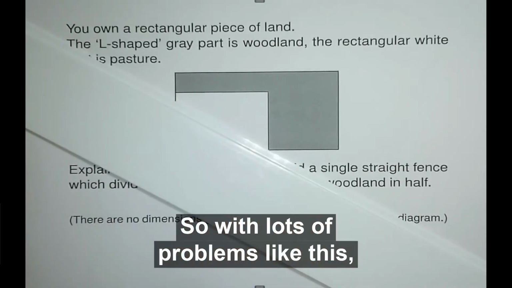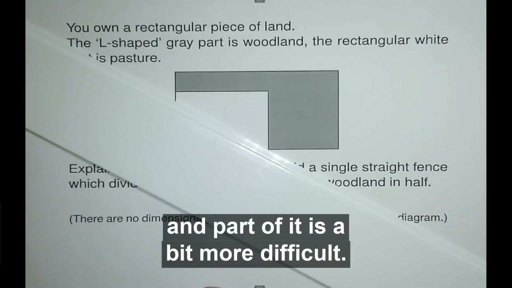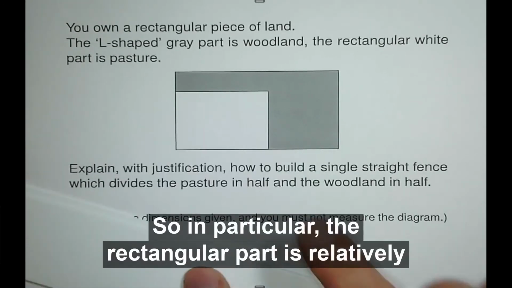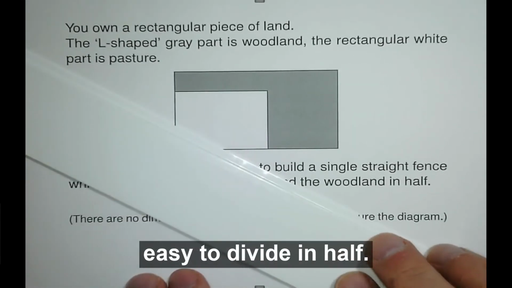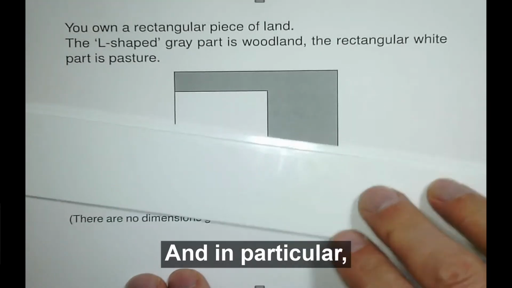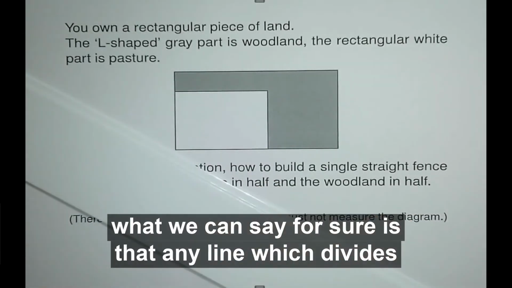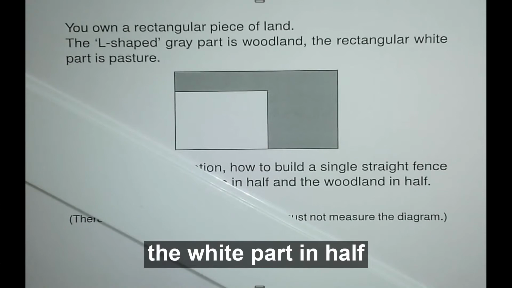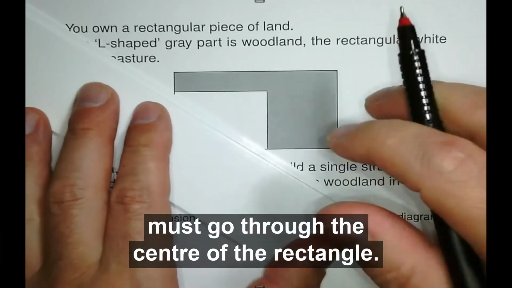So with lots of problems like this, part of it looks fairly easy and part of it is a bit more difficult. So in particular, the rectangular part is relatively easy to divide in half. Okay, and in particular, what we can say for sure is that any line which divides the white part in half must go through the centre of the rectangle.